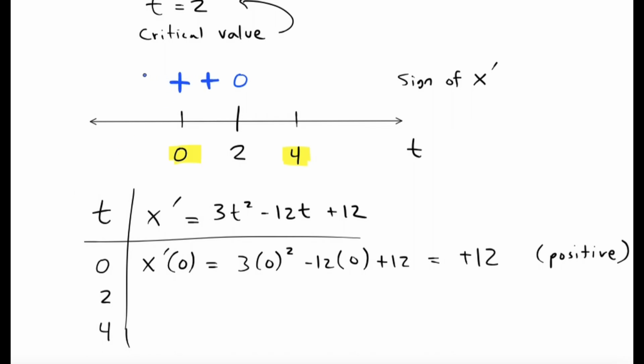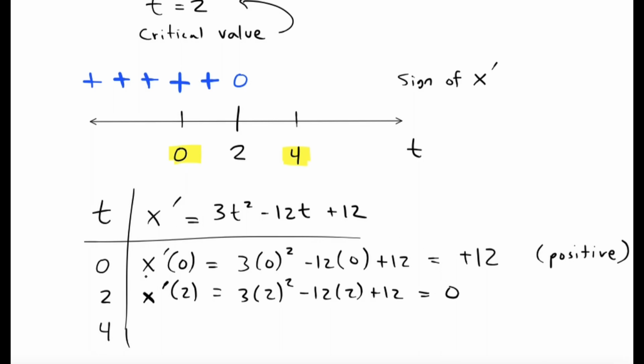And because there's only one critical point in the whole thing, it's going to be positive everywhere. If we find x prime of 2, I already know what that's going to be. It's going to be 0. And then let's find x prime of 4.